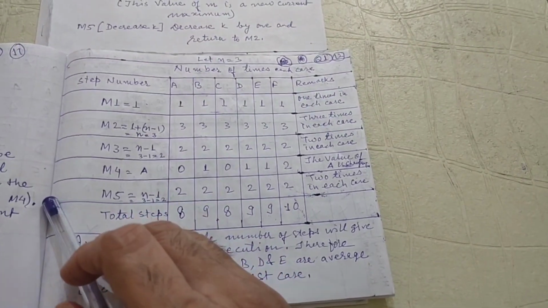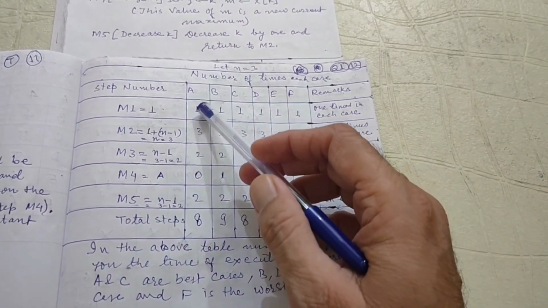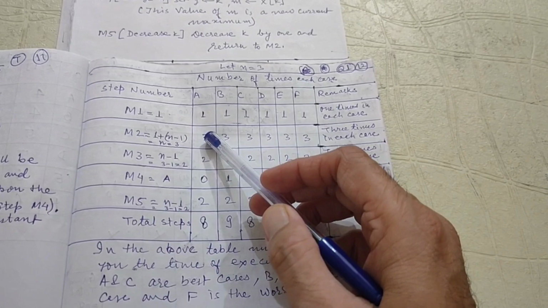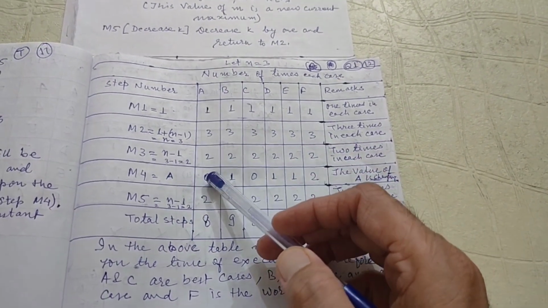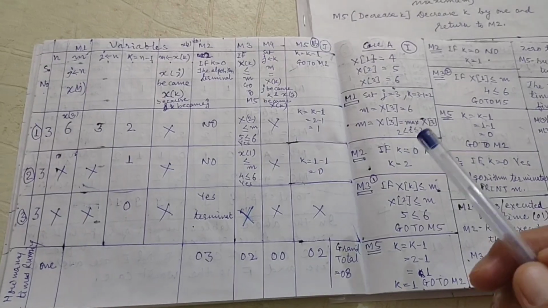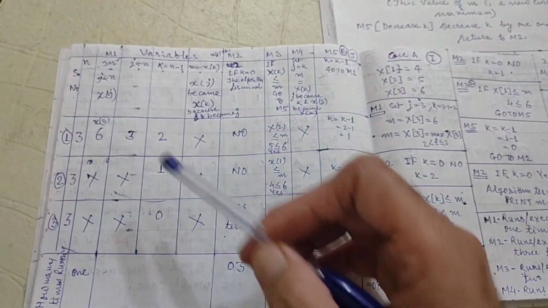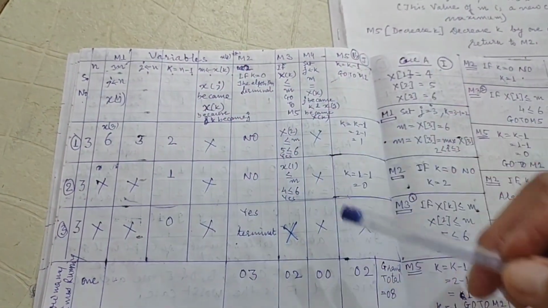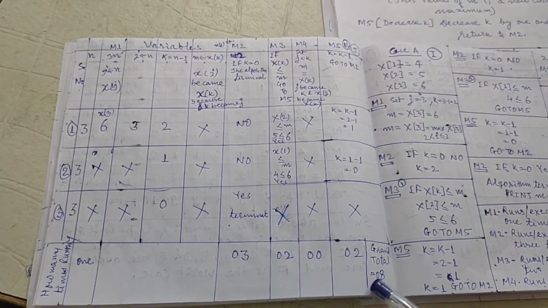So I wrote here, in case A, M1 1 time, M2 3 times, M3 2 times, M4 0 times, M5 2 times. Another representation of case 1 is this. All the values I have represented here, how they are executed, and the grand total is 8.